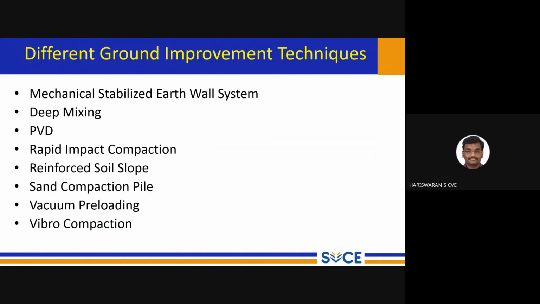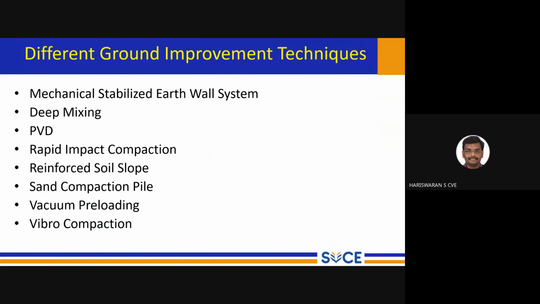So that is the problem. But that water can be taken out under the application of load, right? Let me explain consolidation later. This type of prefabricated vertical drain will help us achieve proper removal of water from the compacted ground. Next is called rapid impact compaction.